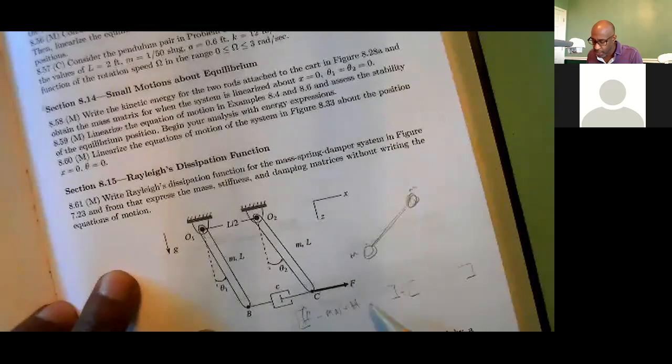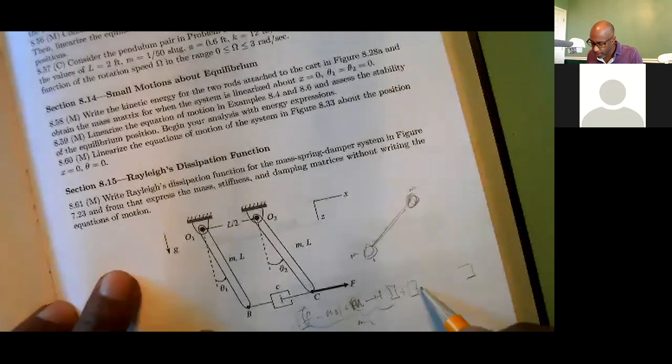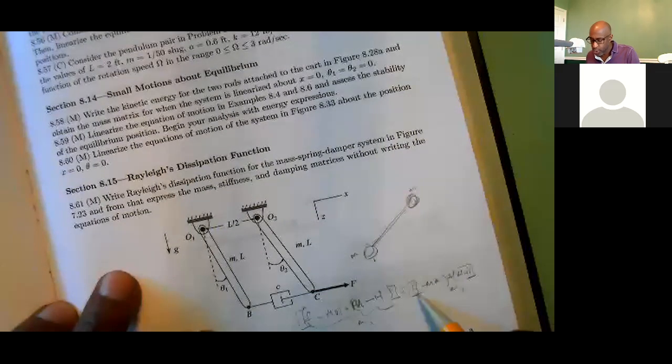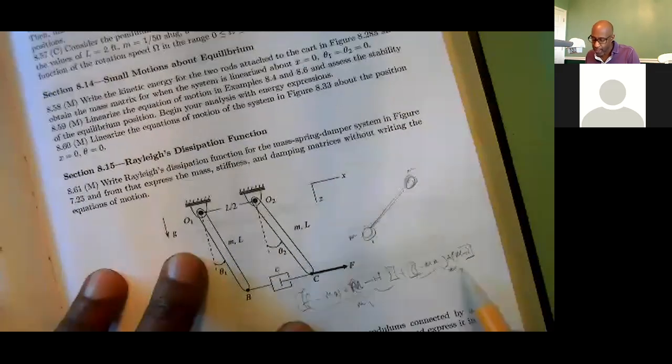That's probably why you're confused. M minus H dot, and that'll be for the first mass. So let's call this mass 1. And you add that to the same information, plus M minus H dot, for the second mass. So you do it twice, and then you add the two together.